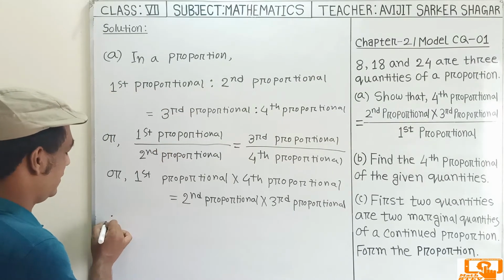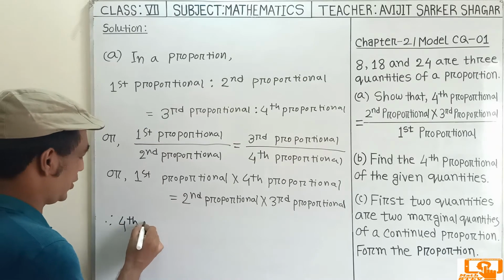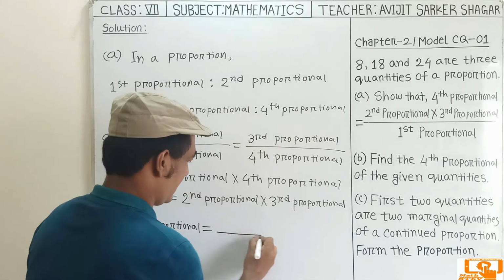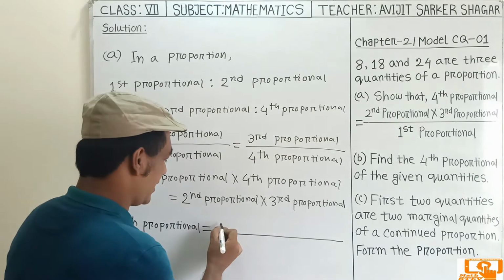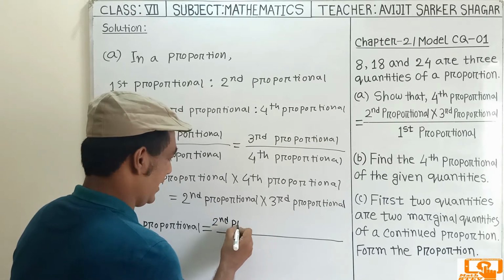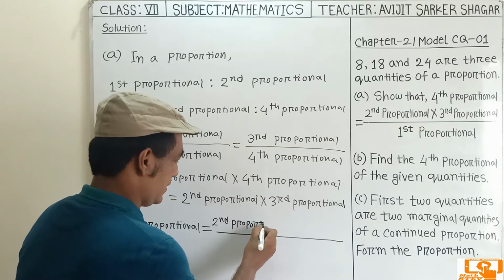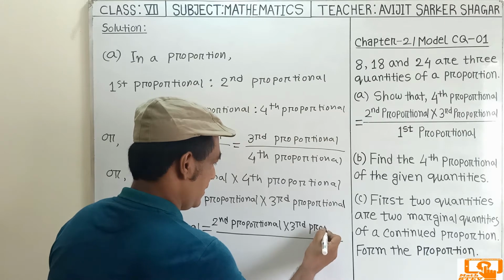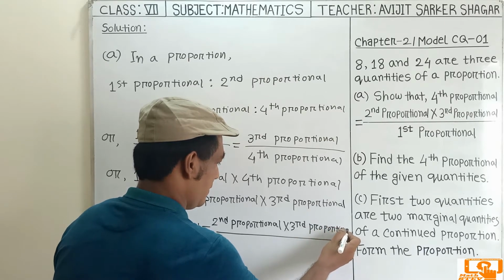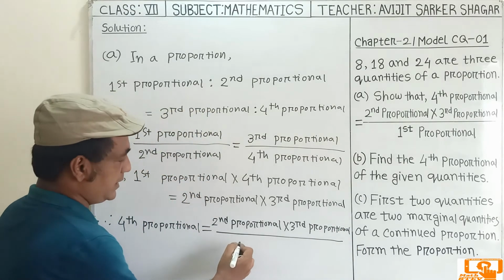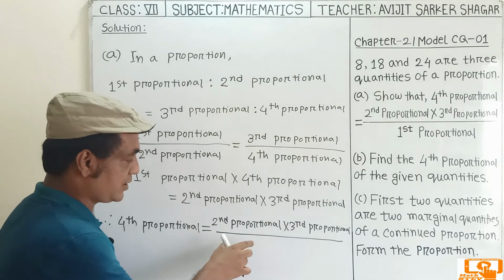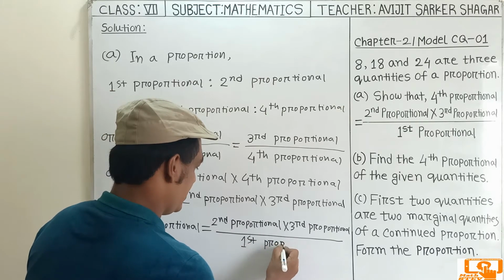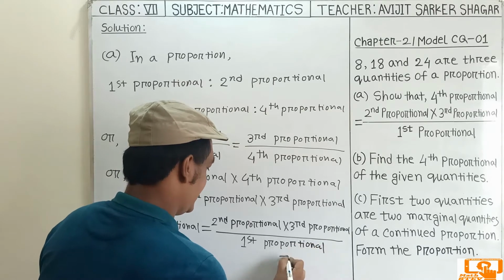Okay, therefore fourth proportional equals, on the right side, second proportional multiplied by third proportional, divided by first proportional, which will change its position, so it will be the denominator of the right side. It is first proportional. It is shown.